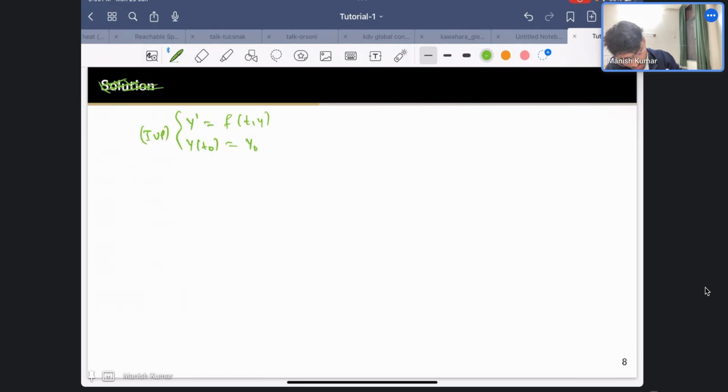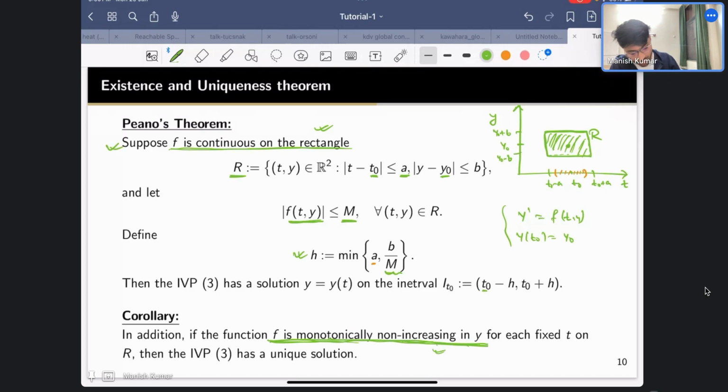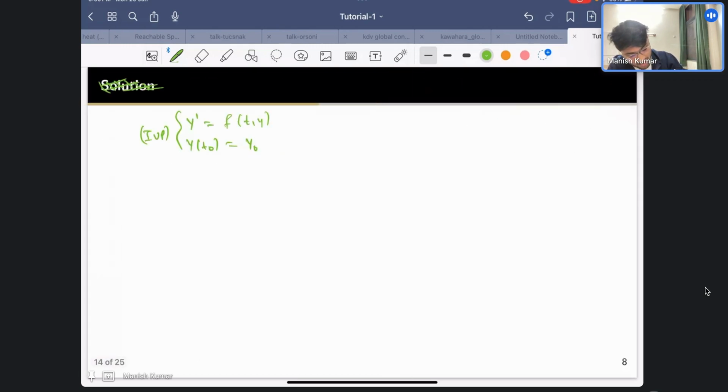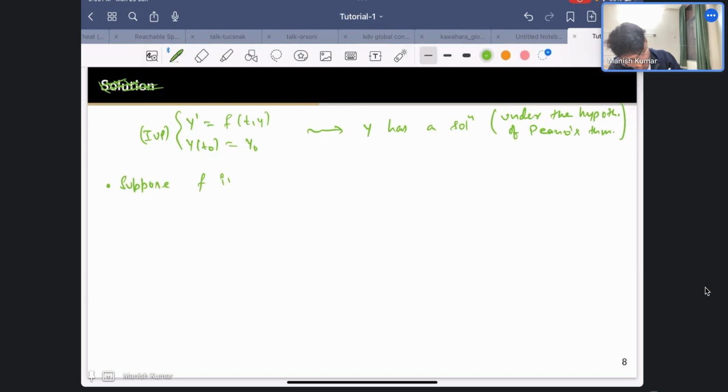Now these hypotheses are always there, so under the hypothesis of Peano's theorem we have that y has a solution. Now I am putting an extra assumption, that f is non-increasing.